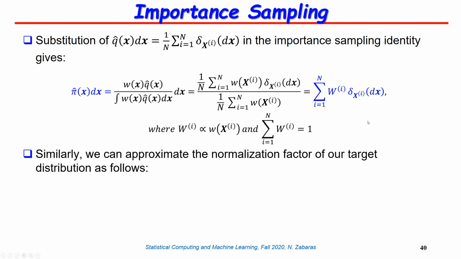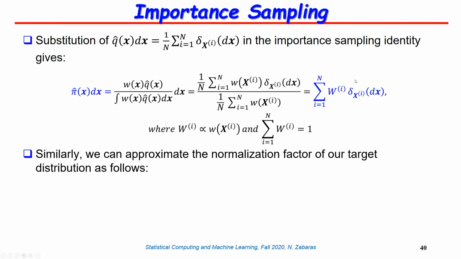Now, for those who have a hard time seeing how this equation is derived, so plugging in the empirical measure for Q and then getting w evaluated at each of your samples xi, what you can do is simply take the empirical measure from Q, so sample from Q, and compute the expectation of any function phi of x using samples again from Q. And when you do that, you will see that the final result corresponds to an empirical measure for the original target distribution pi that is given by what you see here with this blue equation.